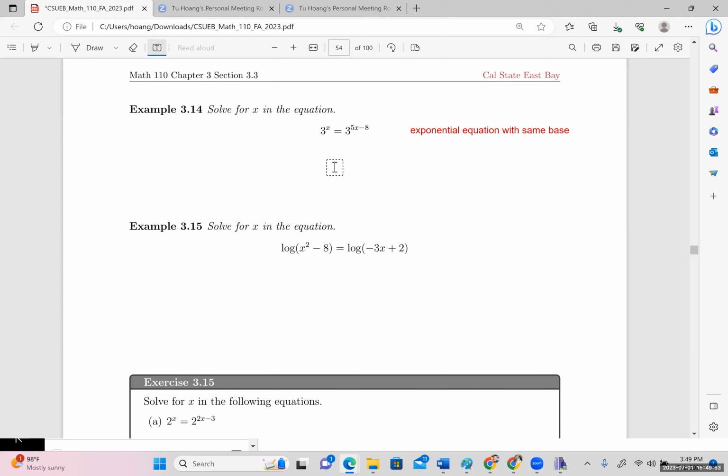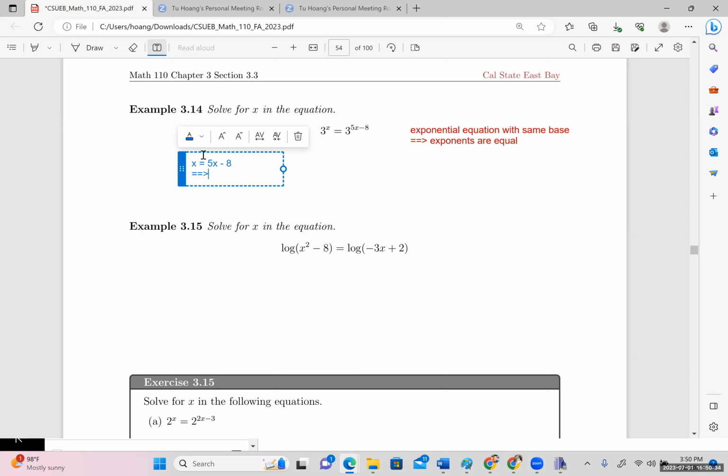So you can just make the exponents equal each other, right? Because 3 raised to x is going to be equal to 3 raised to something. So I can just make x going to be equal to 5x minus 8.